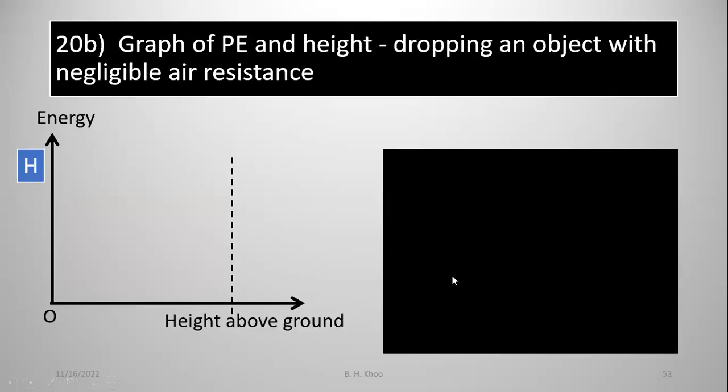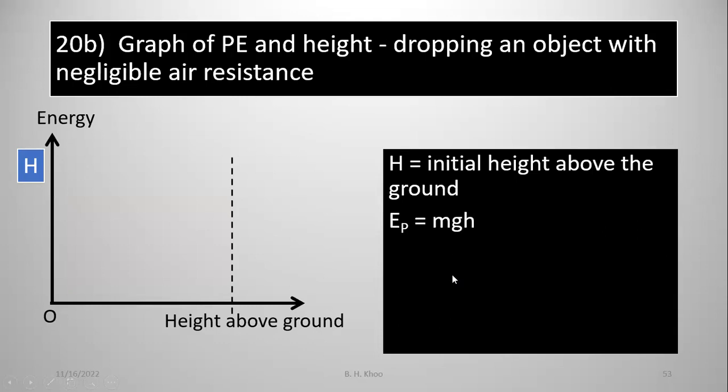So you should be able to draw your graph. Height above the ground that you drop the object from: that equation is a straight line. It starts with high potential energy, and you drop it from here, a straight line going down to the ground.